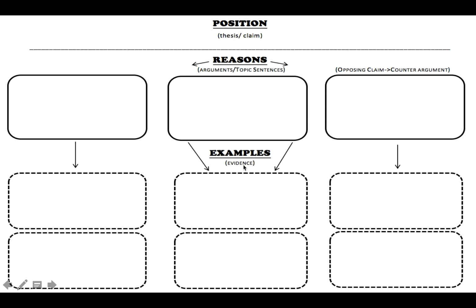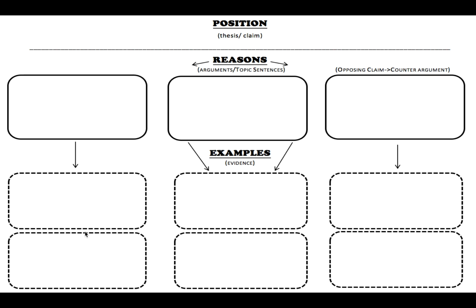So what we see here is you write your thesis in this section. You break up your thesis into different topics, and those become your topic sentences. And then, of course, you find evidence that proves what your topic sentences are trying to say, and you write it here.